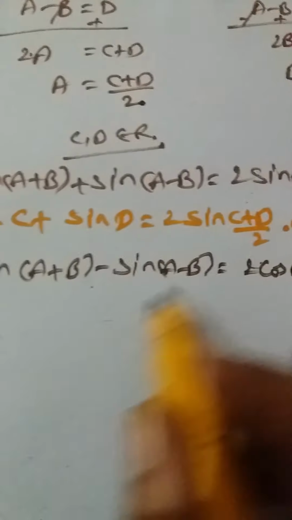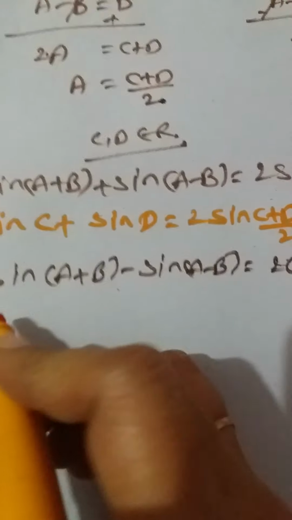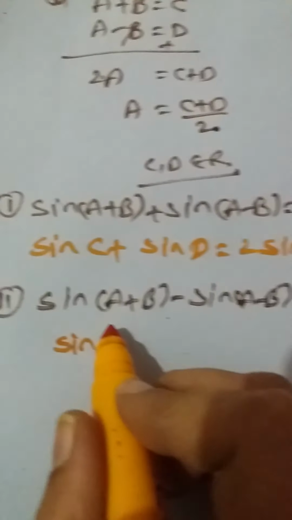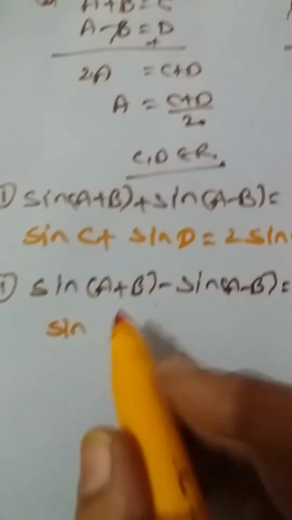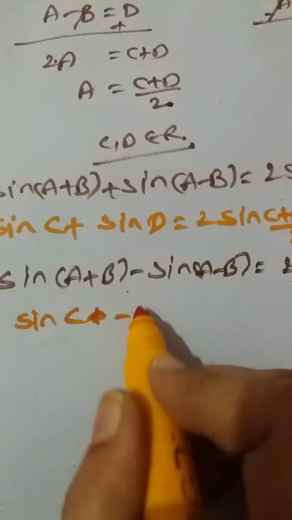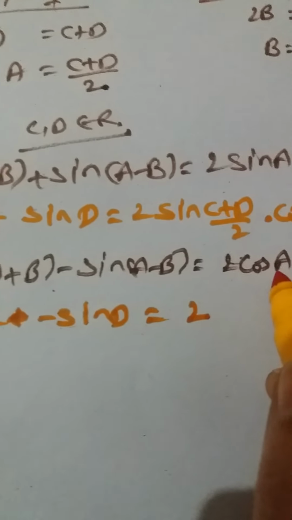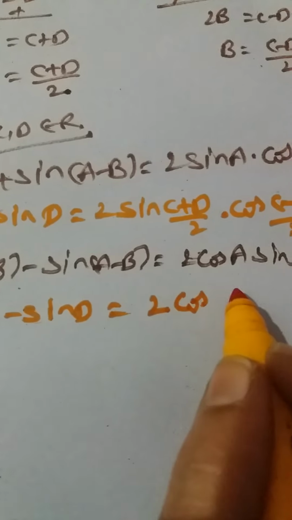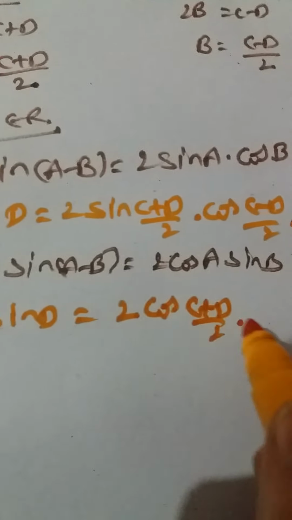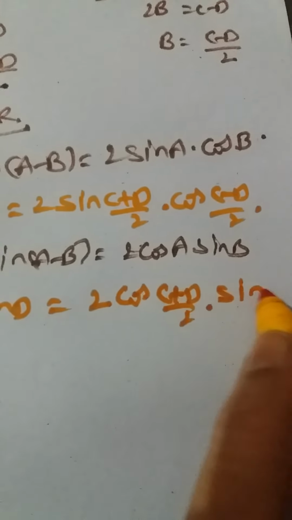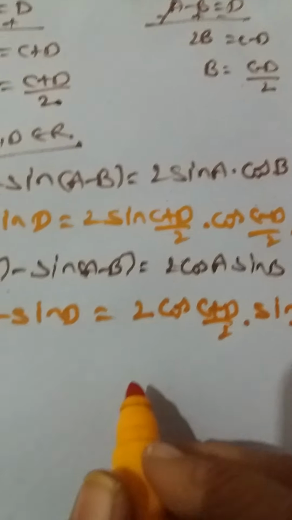Now how it is transformed, observe here. a+b is c, and a-b is d. So sin c - sin d = 2 cos a sin b, where a is (c+d)/2. So sin c - sin d = 2 cos((c+d)/2) sin((c-d)/2).